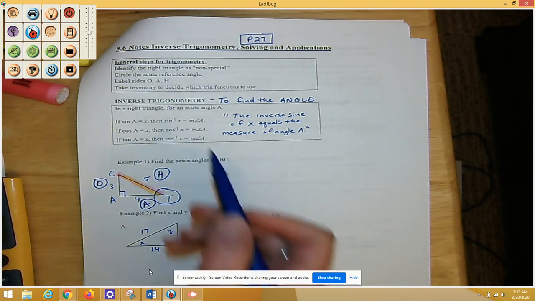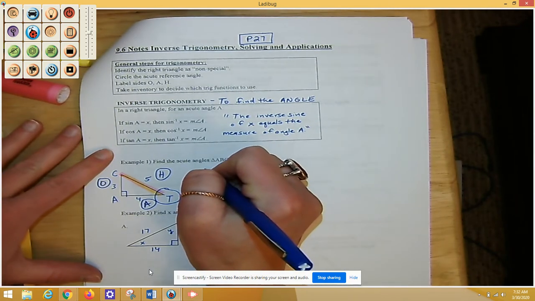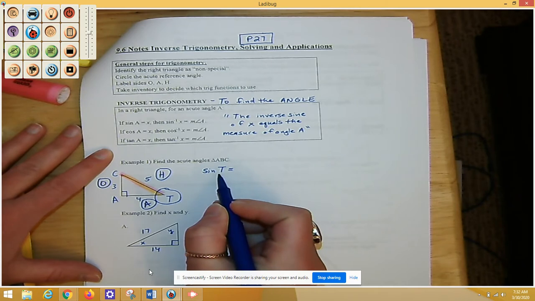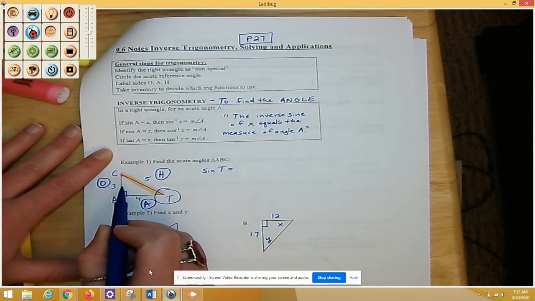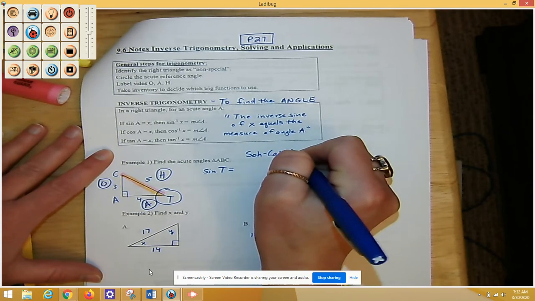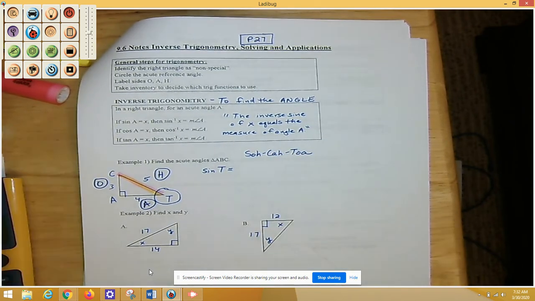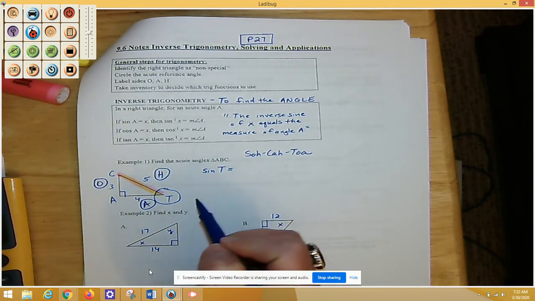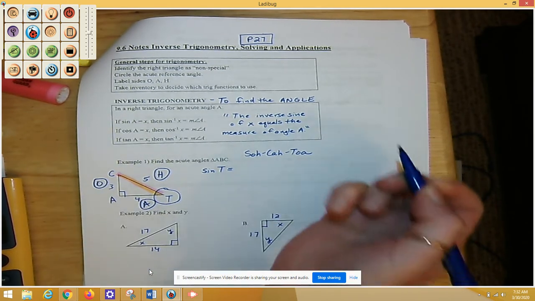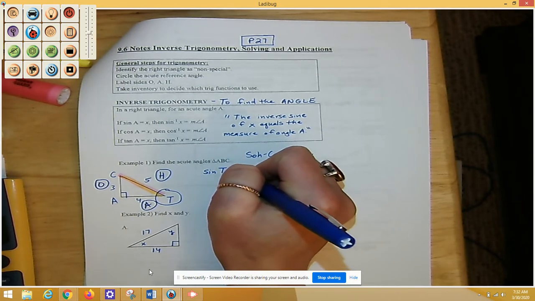So just because it's the first one, I'm going to use sine. So we know that the sine of acute angle T is the ratio of the opposite side to the hypotenuse. If you need to write out SOHCAHTOA for yourself, you certainly can. Hopefully you have it memorized now. So that's going to be 3 divided by 5.